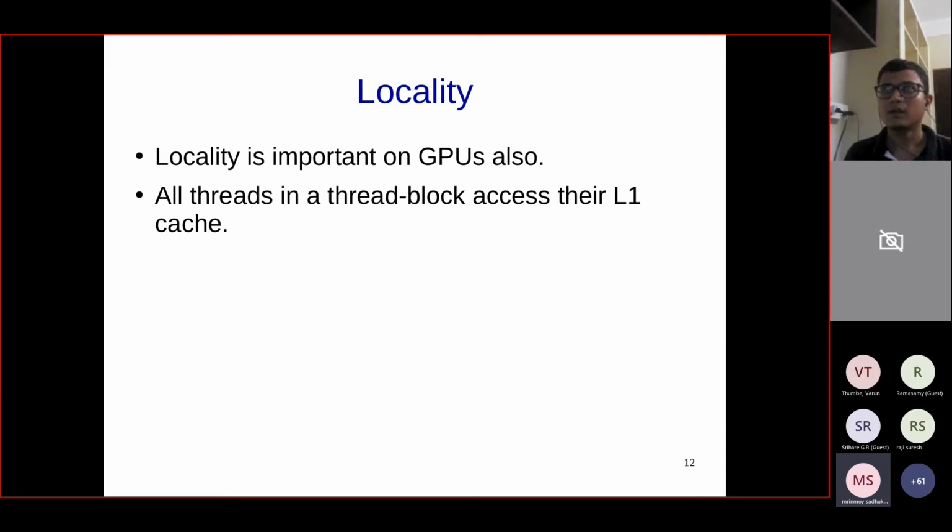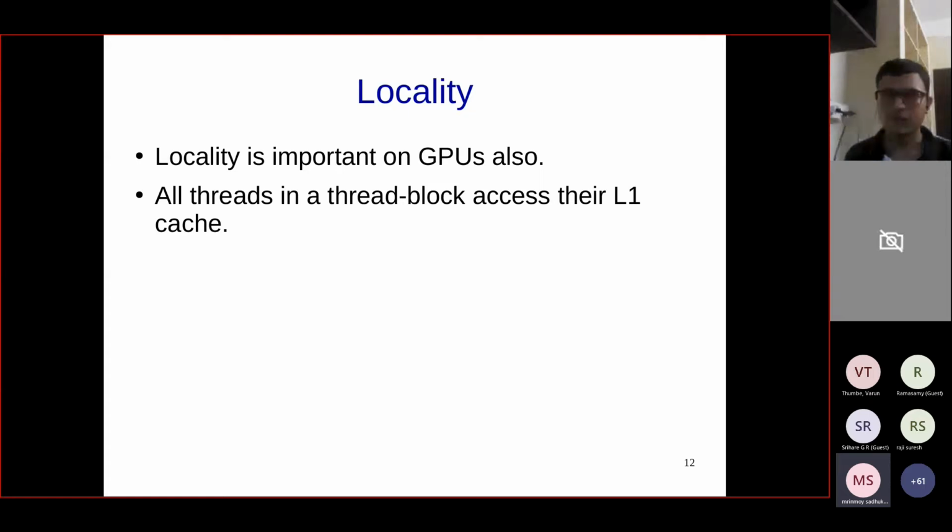Then it is highly likely that we will access that word, or some other word from that block, in the future. So that is why these caches are designed, and whenever we access something from that block in the DRAM, that block is placed in the caches on the CPU. That is what the locality principle is. The caches are designed to exploit this locality on the CPU as well as on the GPU.